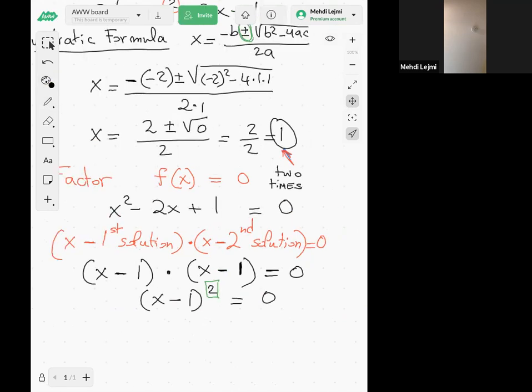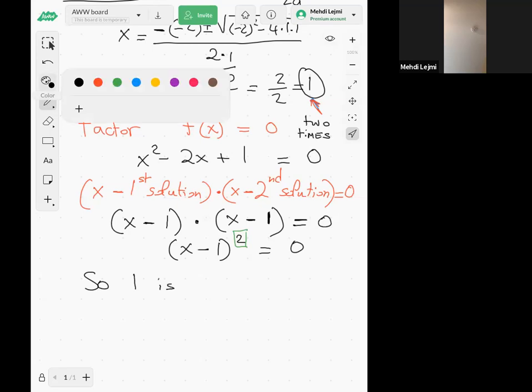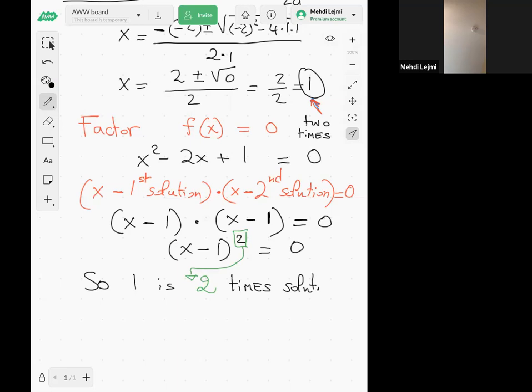So the square here means that the 1 is 2 times a solution of f of x equal to 0.